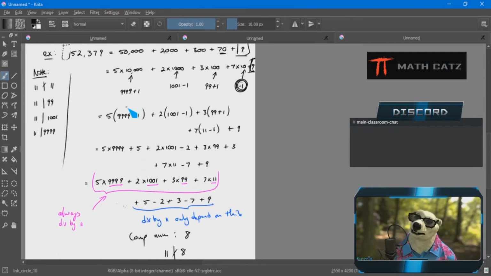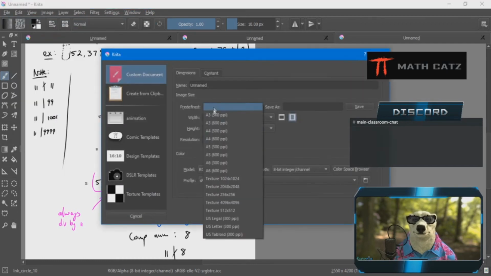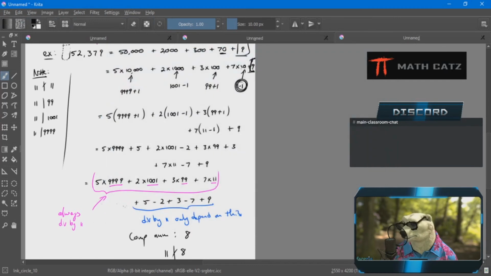So it's similar to the test for 3 and 9, but it's a little bit more complicated in that I'm alternating plus, minus the digits. It's not adding them up. Okay. So now let me just look at this a little bit and decide how we are going to phrase this.